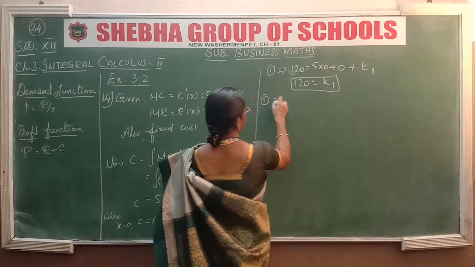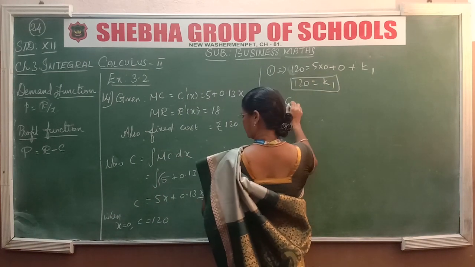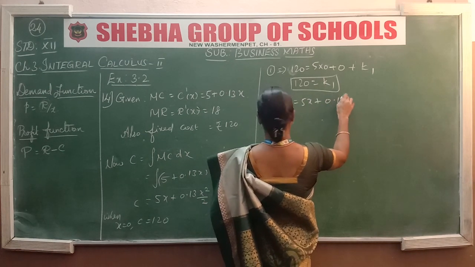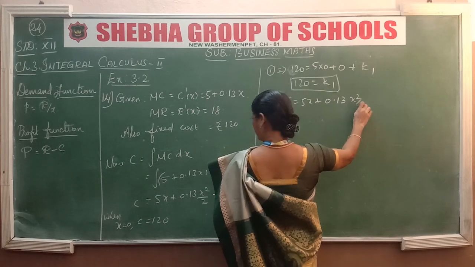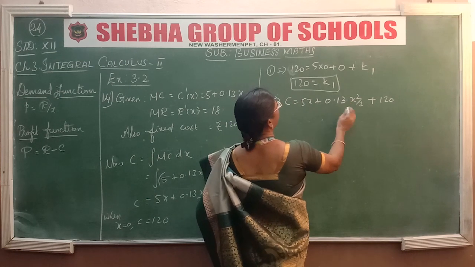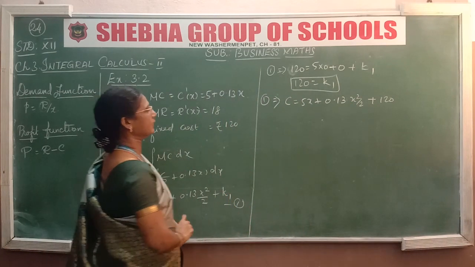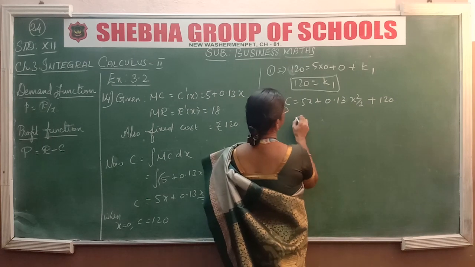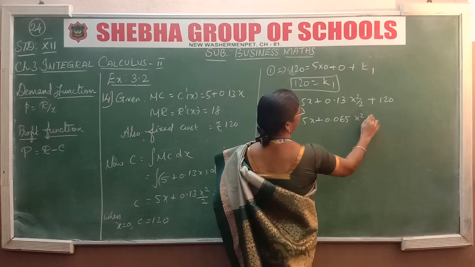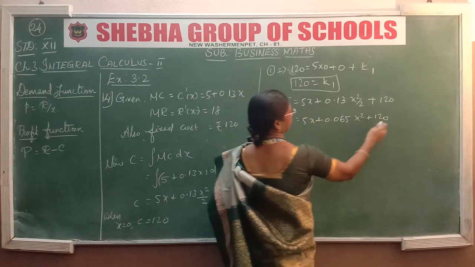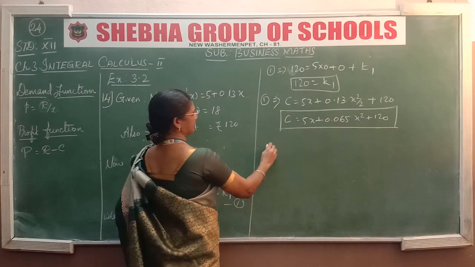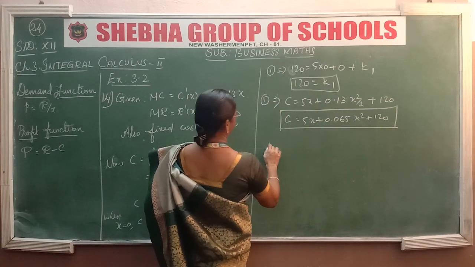So our C becomes C equal to 5x plus 0.13x square by 2 plus 120. Dividing 0.13 by 2, we get C equal to 5x plus 0.065 x square plus 120. This is our C. Next we have to find R.